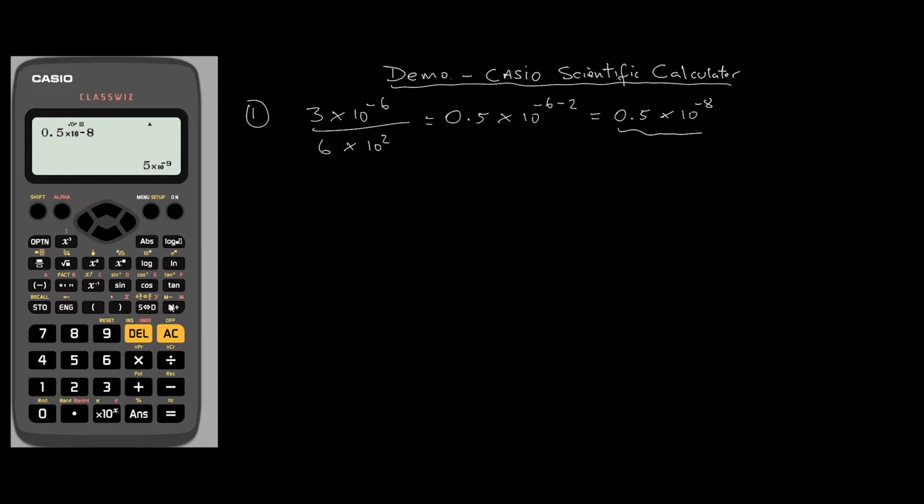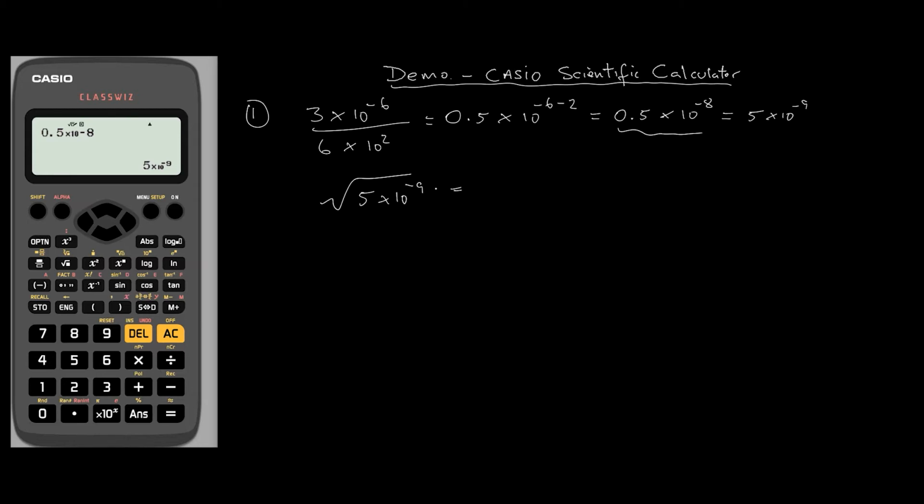Now then, what we could also do is, so we have 5 times 10 to the minus 9, which is over here the same thing. What if we wanted to take the square root of this? We would then have the square root of 5 times 10 to the minus 9.